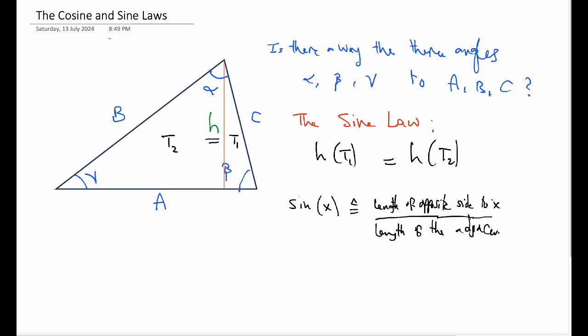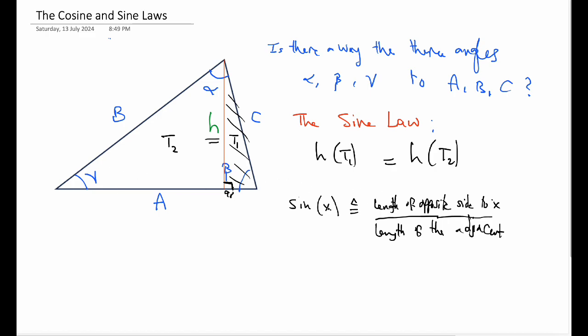Okay, and this is only defined for a right angle triangle. So as we said, the vertex, when it's dropped onto the base vertically, forms the angle 90 degrees. So T1 is a right triangle, and also T2 is a right triangle.